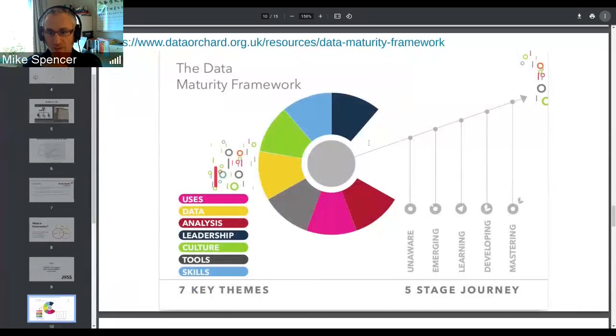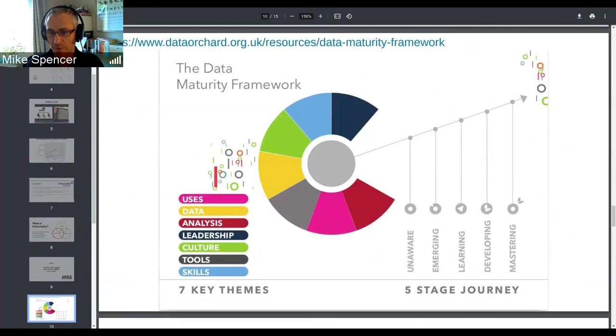We could get extra pairs of eyes on our code and find ways to improve it for ourselves and for others. I took a bit of a guess yesterday, when I made these slides, about what Sian would talk about, but it was inevitably going to be the data maturity framework. For me, it really ties all of these things together: culture and community, the tools we're using, and how we work openly. It's only by improving all of these different things, from leadership to uses to analysis, that we actually move on.